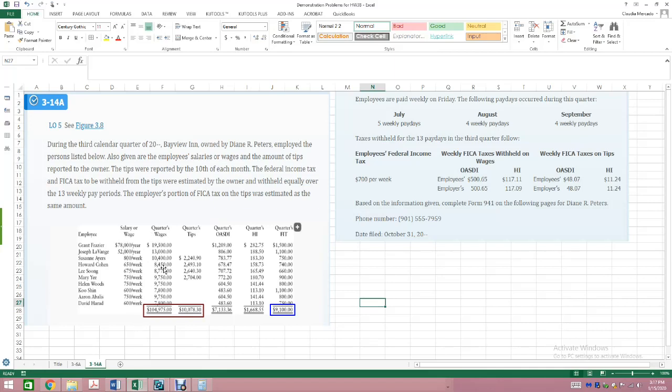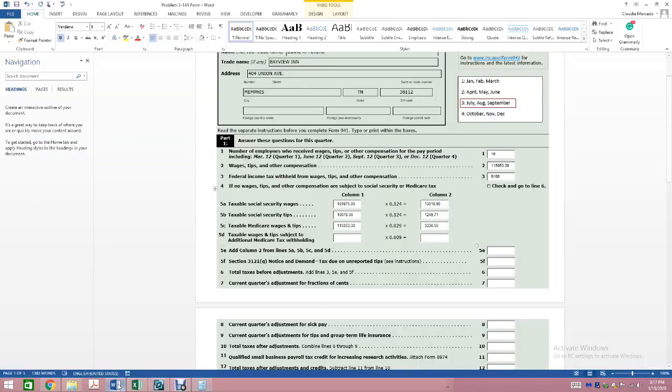Do any of our employees make more than $200,000? No. So I don't have to worry about that because none of my employees have reached that tier. So 5D does not apply to us. If they did, then they would be subject to an additional tax, and you would put it here.